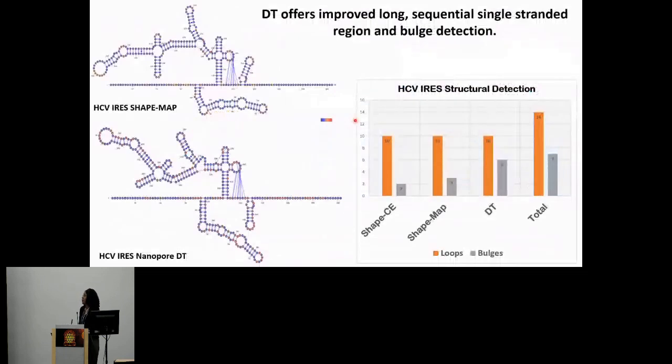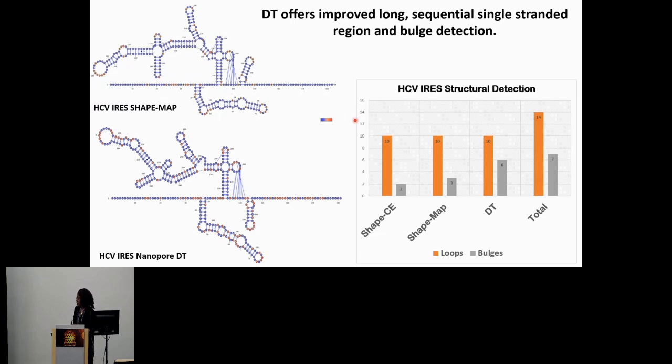And just to prove that I'm not pretending to do this, we have a software pipeline currently called Dashing Turtle. And we looked at our control samples, including the HCV IRES with SHAPE-MaP and also with nanopore Dashing Turtle. And we compared how well these annotations were detected with SHAPE-CE, SHAPE-MaP, DT, and just the overall secondary structure that we observed.